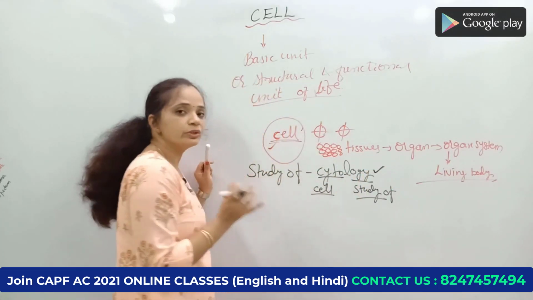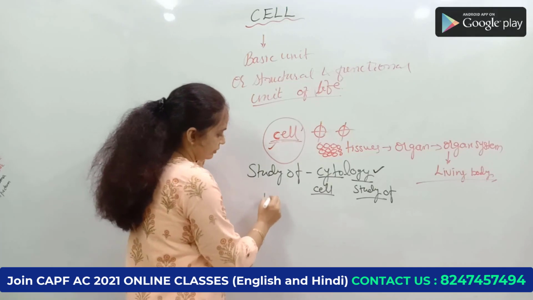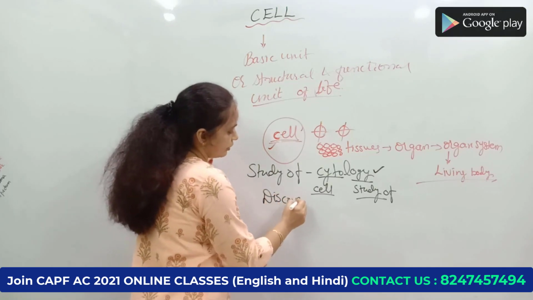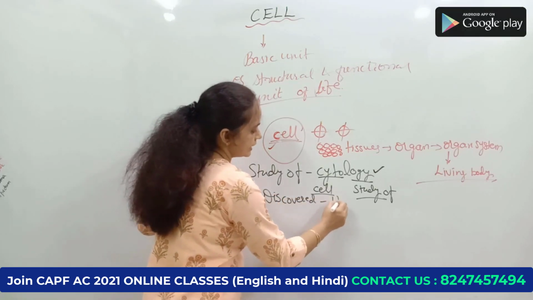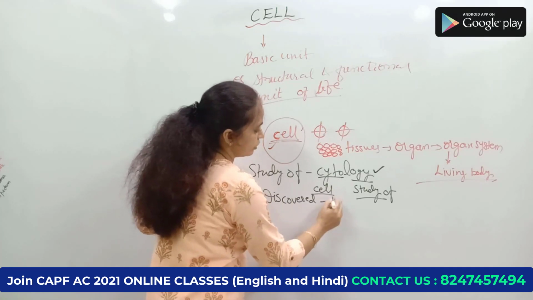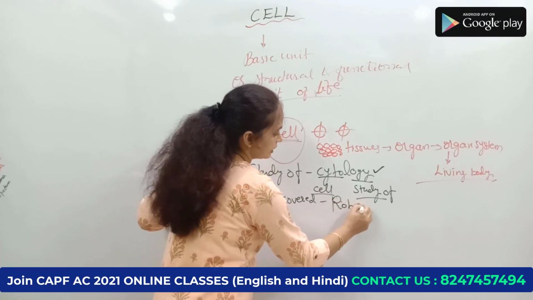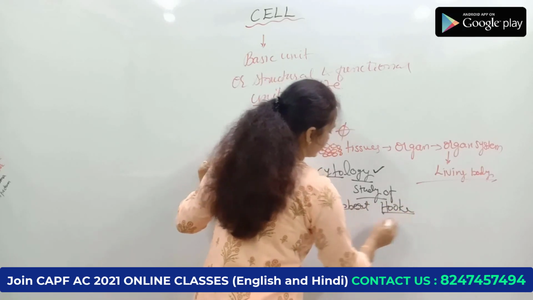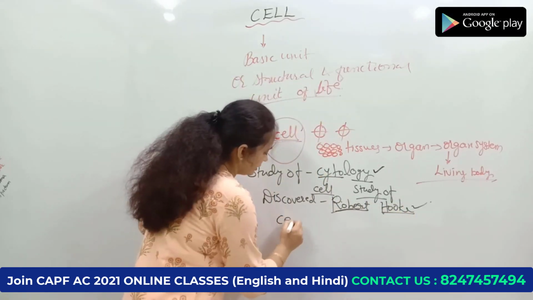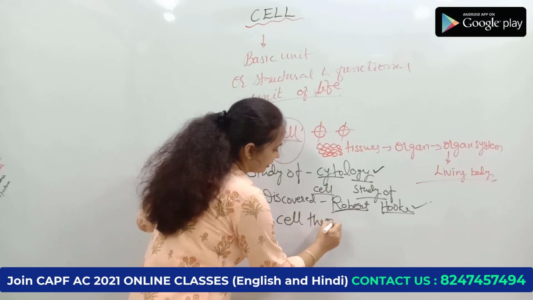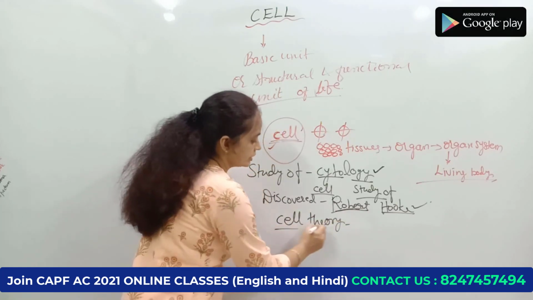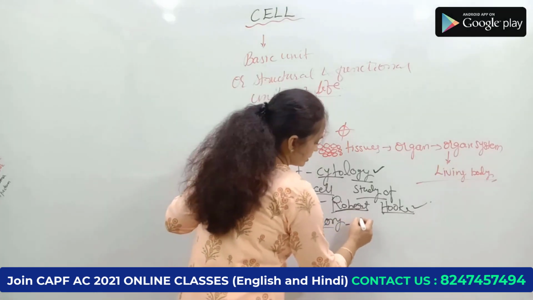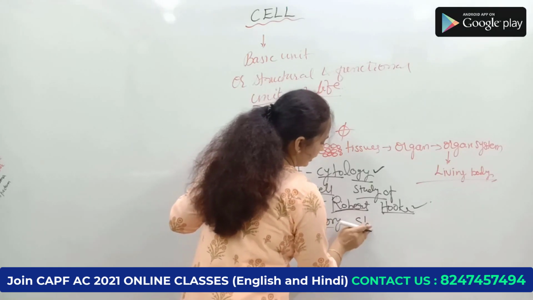And who discovered the cell? Robert Hooke. The scientist called Robert Hooke discovered the cell. Cell theory is given by Schleiden and Schwann.